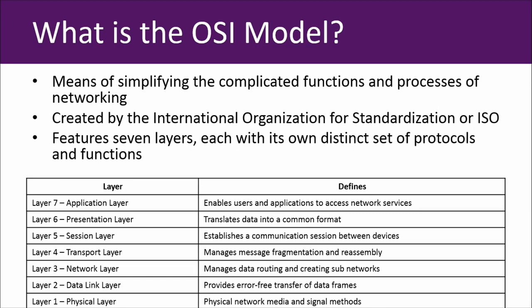The OSI model is just a means of simplifying the complicated processes that occur during networking. We talked about how data was transferred in a previous module, and this model allows us to follow along with that process and understand which protocols belong at which layer and figure out what's going on, right?